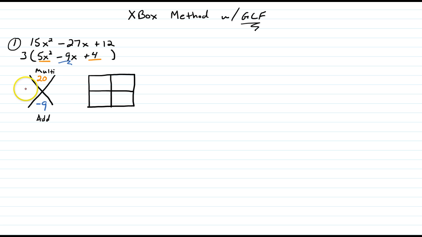So this is going to be 4 and 5. 4 times 5 is 20, but 4 plus 5 isn't negative 9. So we're going to have to make them both negative, because negative 4 plus negative 5 is negative 9. And a negative times a negative gives us that positive. So we can go ahead and put our answers here.